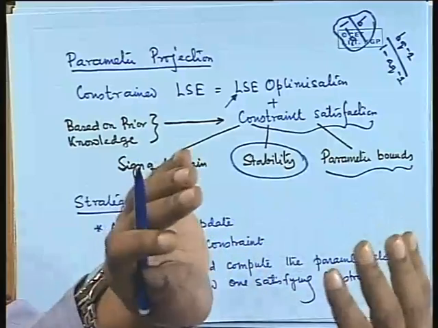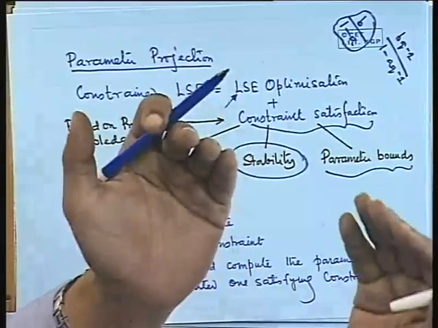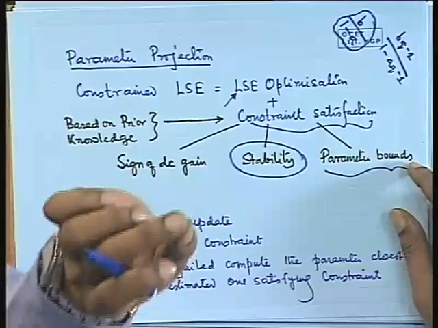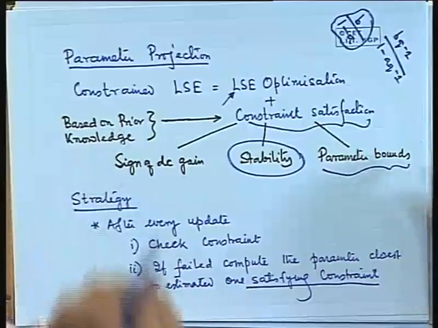So at every instant, with the parameter that you get, you have to inspect whether it satisfies the constraints. If the parameter given by least square does not satisfy the constraint, then you have to find the closest parameter to that which satisfies it, and that is achieved by what is known as projection.